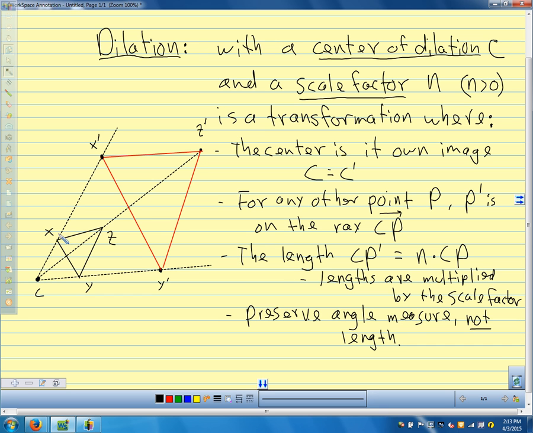This is approximately a scale factor of 3. And if we looked at the lengths of the sides of the triangles, X prime Y prime equals n, our scale factor, times XY. Whatever our scale factor would be. So here it's about 3 times as big.